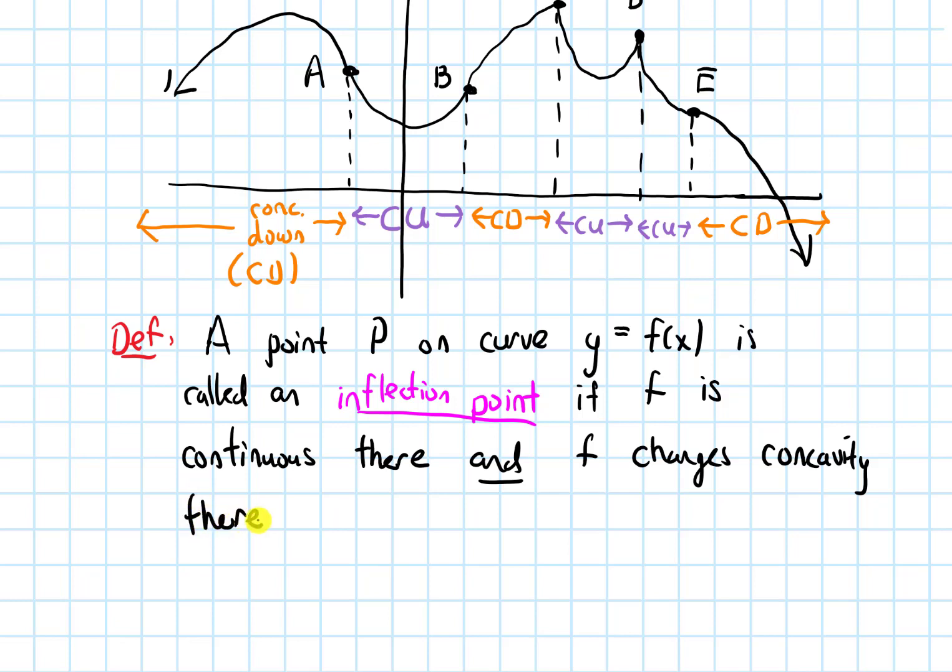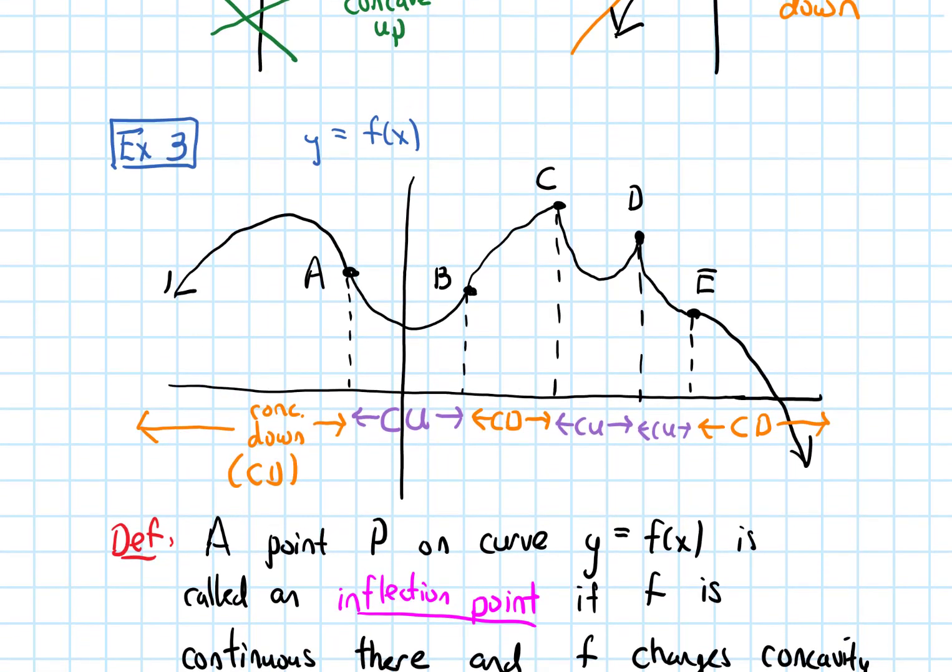So if we go up to our graph, let's identify where the inflection points are. Let me write inflection points. The only possible inflection points where maybe this thing switches concavity are points like A, B, C, D, and E. But let's check to see where it actually switched concavity. It definitely switched at A, because it switched from concave down to concave up.